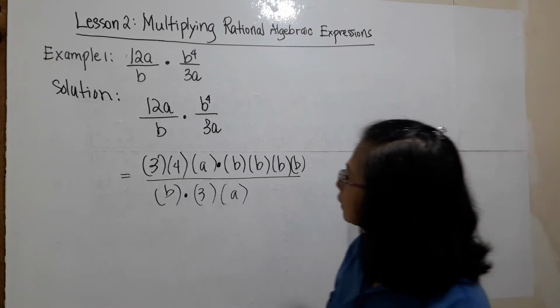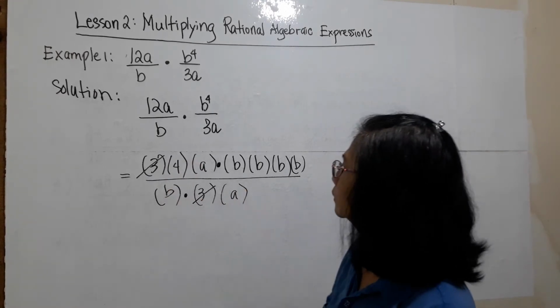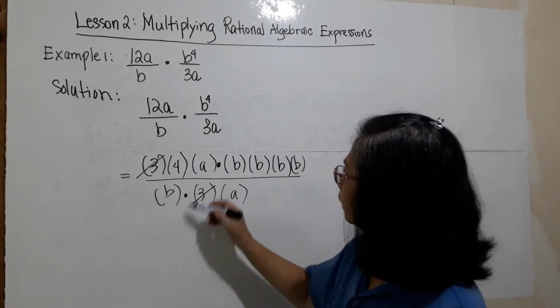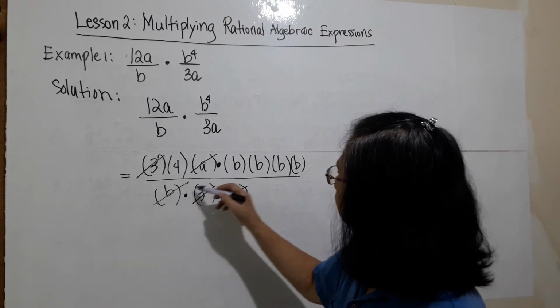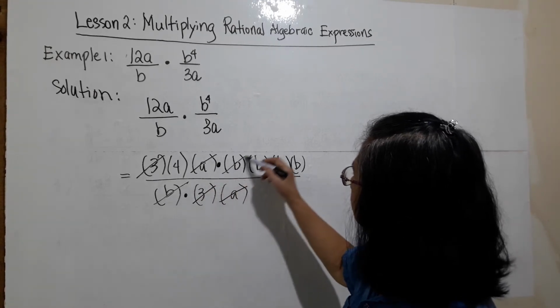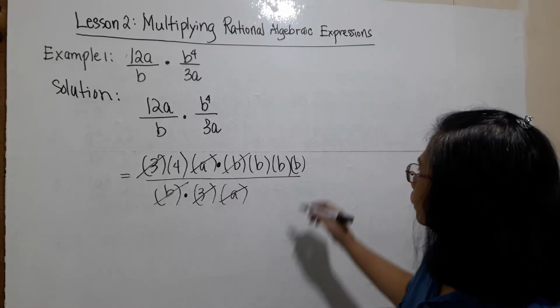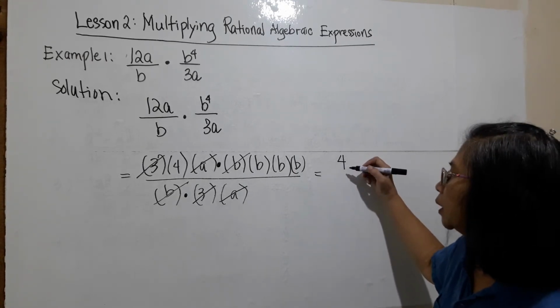Okay, we can cancel. We have here the A's and the B's. So what are left? We have 4 in the numerator.